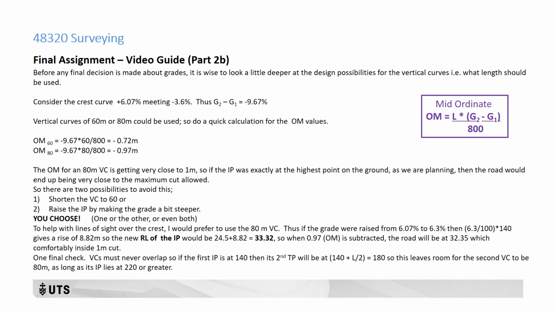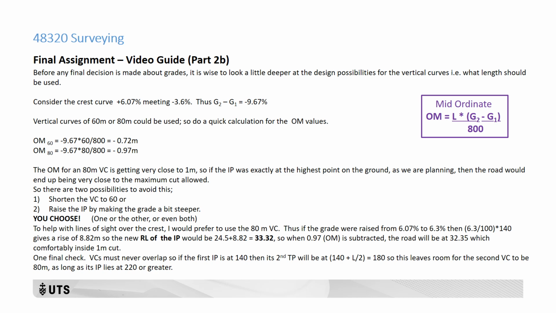It'd be nice to give ourselves a little bit of wriggle room. There's two ways to do this. We could shorten the curve, which gets a smaller OM. The alternative would be to raise the intersection point by lifting that first grade, making it a bit steeper. Purely up to you, you're the designer. You can choose one or the other, or even both.